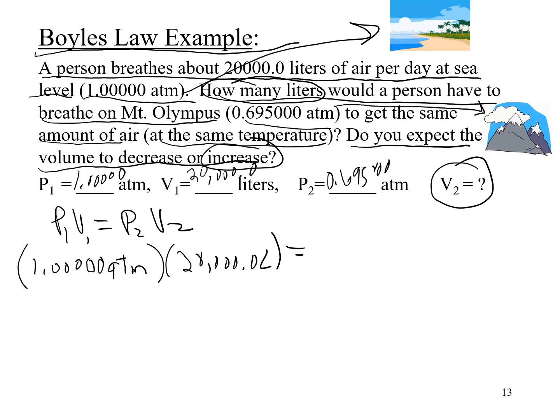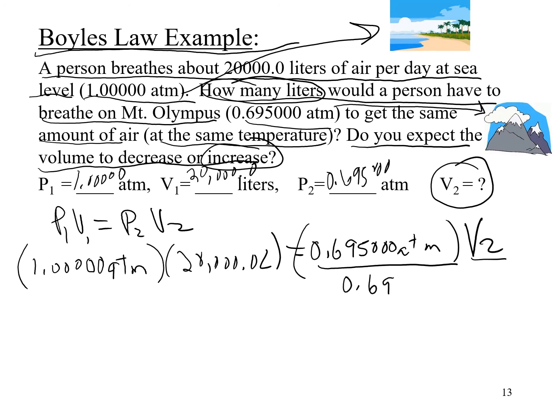And that is equal to P2, which is 0.69500 atmospheres, multiplied by V2, which is our unknown. So then we just need to do some basic algebra here. We're going to solve for V2. To isolate V2, we're going to divide both sides by 0.69500 atm.